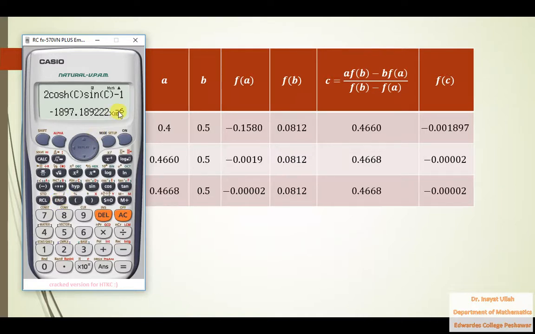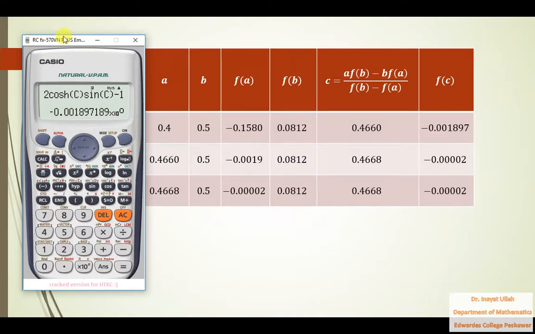The arrow sign is associated with shift. So shift this button, now this is times 10 power 0. So this is minus 0.001897. This is actually f of c.